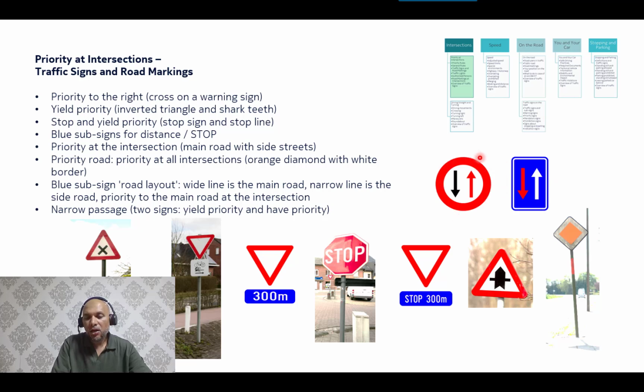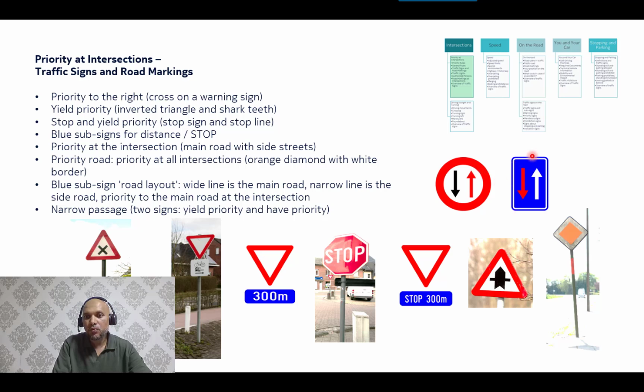So remember, whenever you see a round traffic sign, in most cases, almost all the cases, a round board with a red border means prohibition. Prohibition means you must stop doing something. So if you see this sign, it's a prohibition for you, so you must stop or you must give priority to the other traffic.